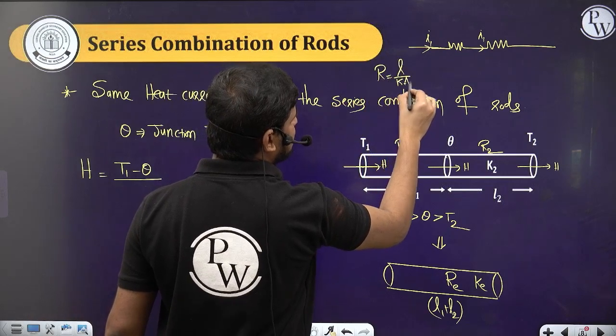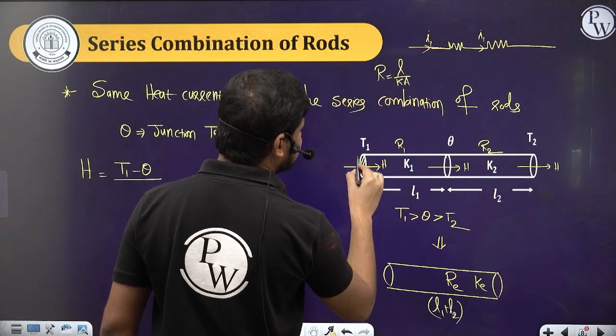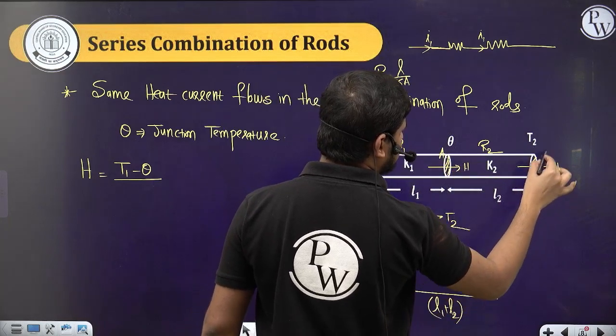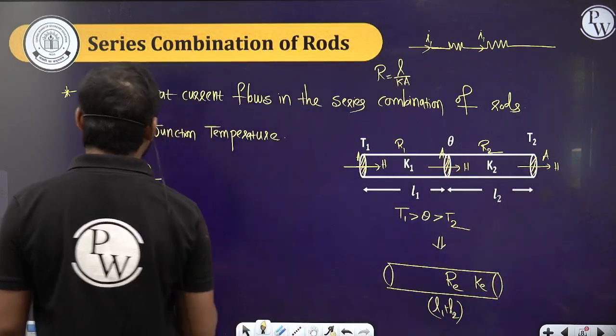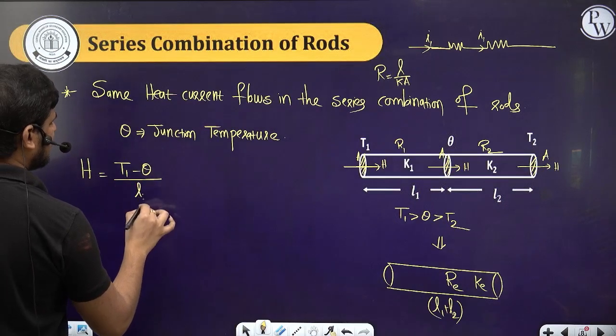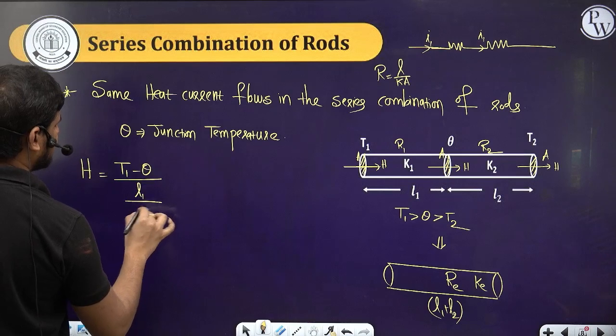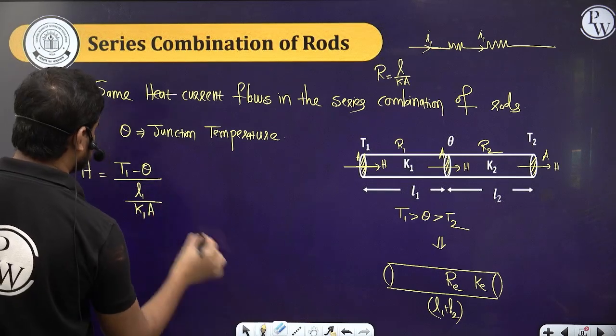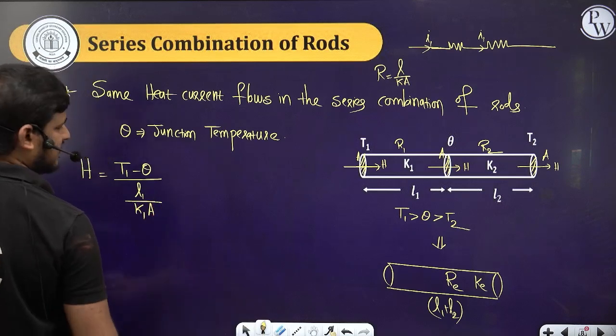The cross-sectional area is A everywhere. So H is T1 minus theta by L1 by K1 A, where let the length of the first one be L1.